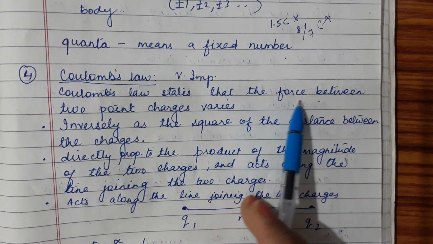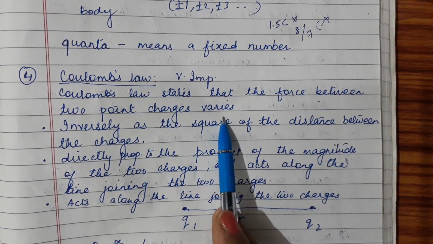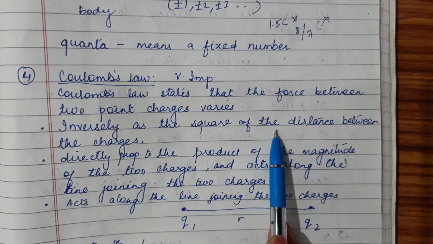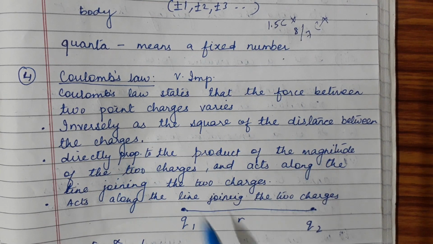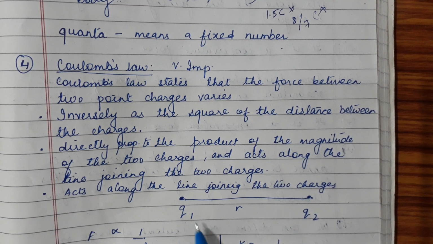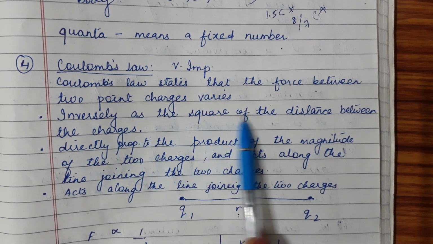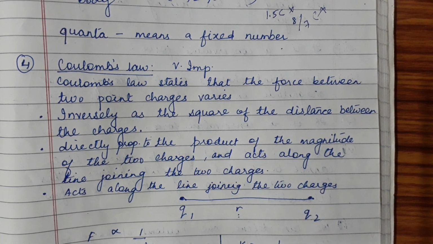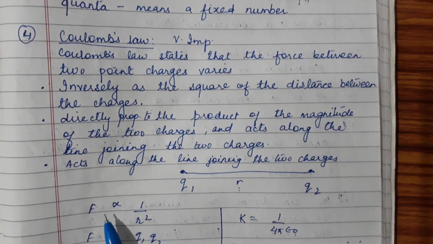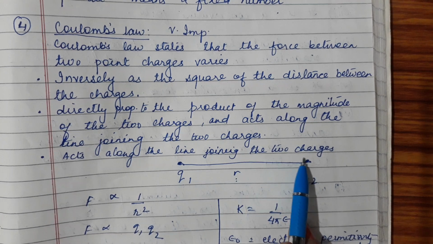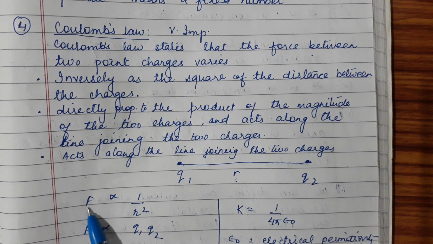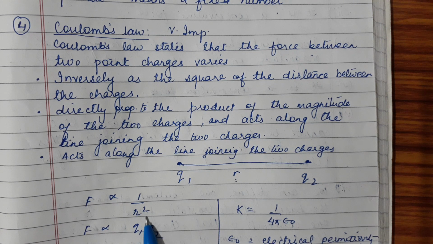Coulomb's law states that the force between two point charges varies inversely as the square of the distance between the charges. So if Q1 and Q2 are two charges separated by distance r, the force between Q1 and Q2, denoted by F, varies inversely as the square of the distance between the charges.